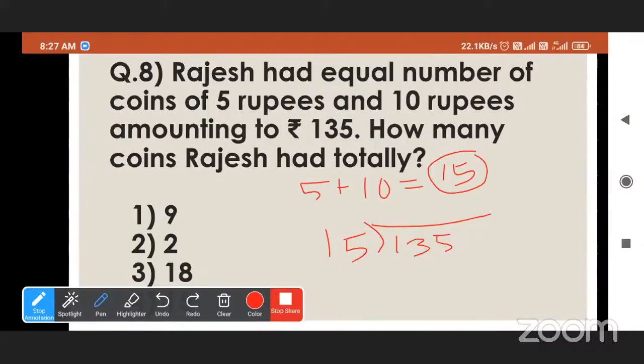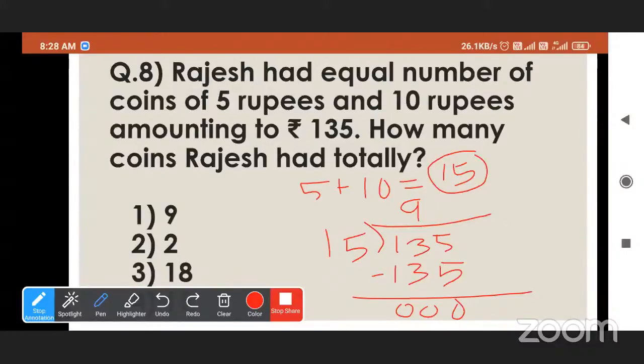Now tell me the table of 15. 15 nines are 135. So the total number of coins is 9, but these are coins of 15 rupees. Now we split it into 5 plus 10.